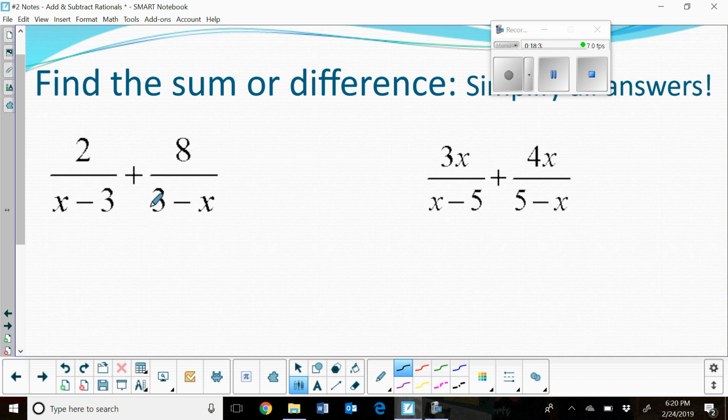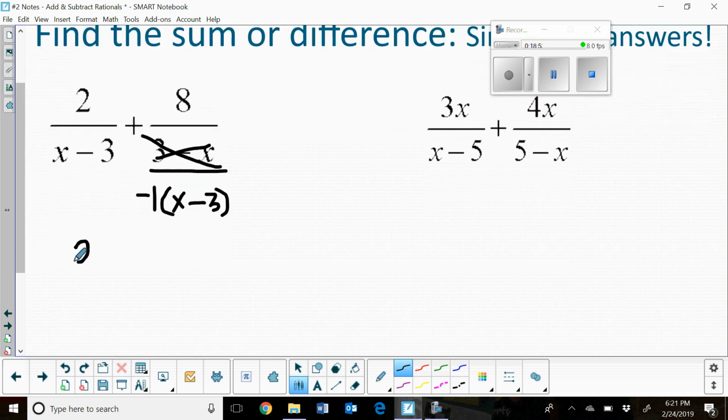What we're going to do is we're going to take this second factor, and we're going to factor out a negative 1. If I factor out a negative 1, that makes my 3 negative and my x positive. So I'm going to write it as x minus 3. Now, what I've done is I've rewritten this problem to now a subtraction problem.